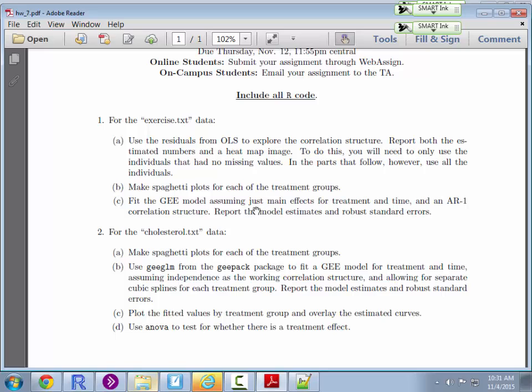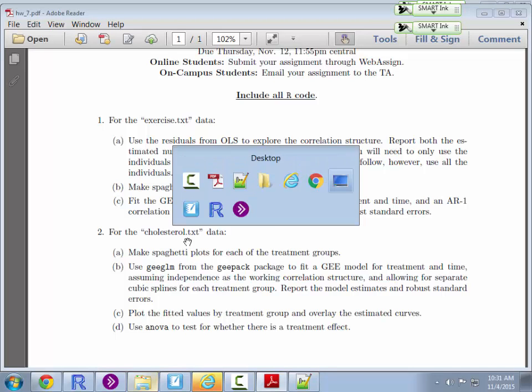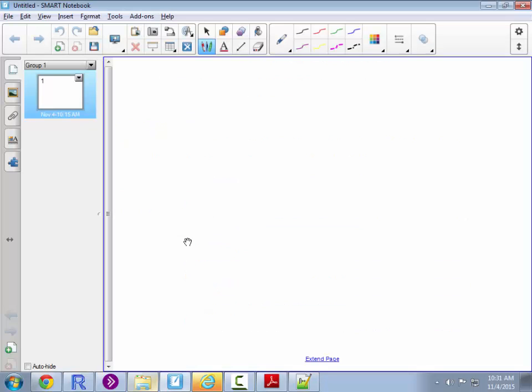And then the other detail for this assignment is with the cholesterol data, we're going to learn Friday how to model time course in a curvy way. So if you think about what a time course might look like, say maybe our response is pain, and we're going to treat people with chronic pain with some drug, and then we're going to measure them over time.